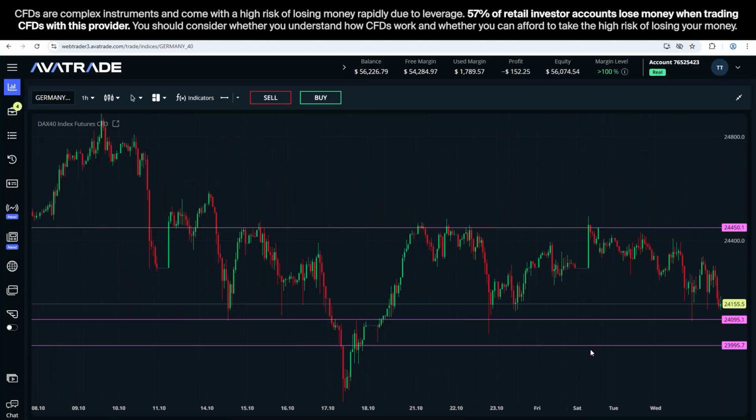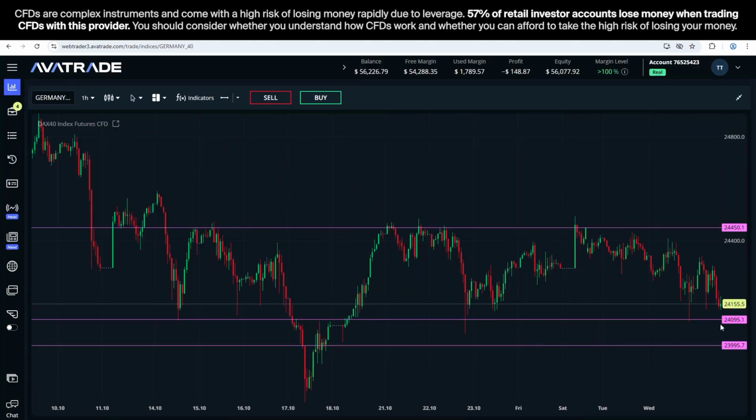Okay, so this is fundamentally driven, the directionality on this, and at the same time trying to trust this support level, because maybe you feel like the news out of Germany and the European Union in general, the Euro area, has been strong enough that you think this support zone, we can call it, because there's support here and there's support a little lower. So it's a zone of support.